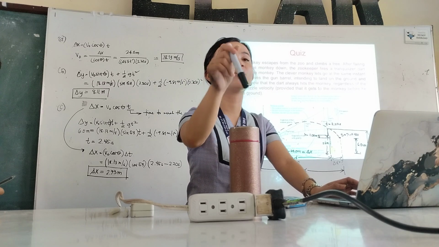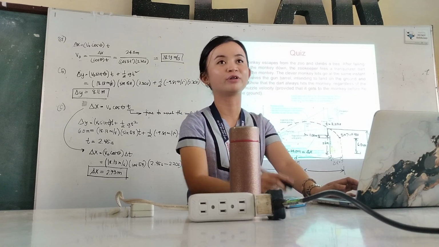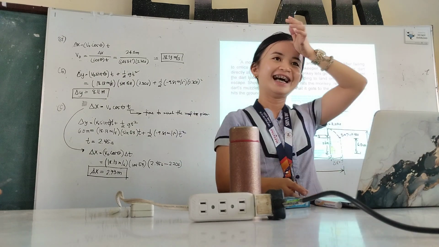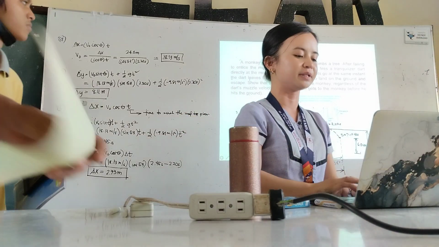Good news, I will give the quiz, which is already in the PowerPoint. Open the file and try to solve it. Get 1/2 yellow paper crosswise and answer these two problems.